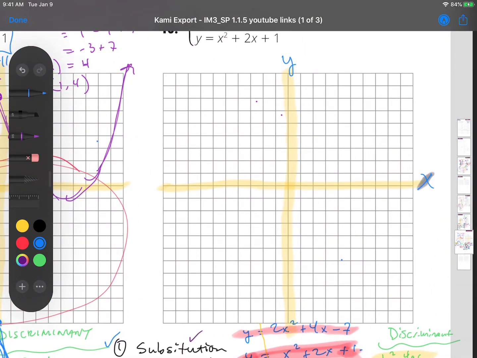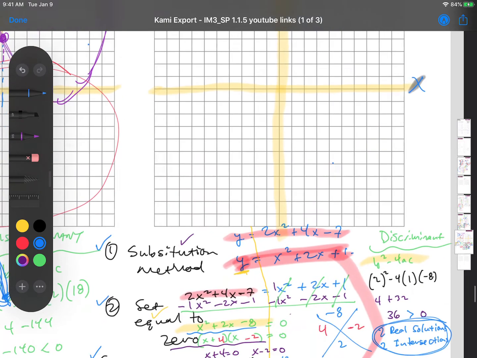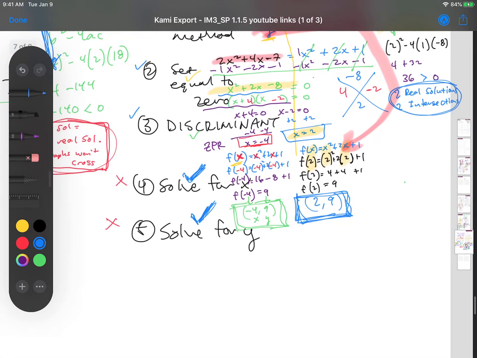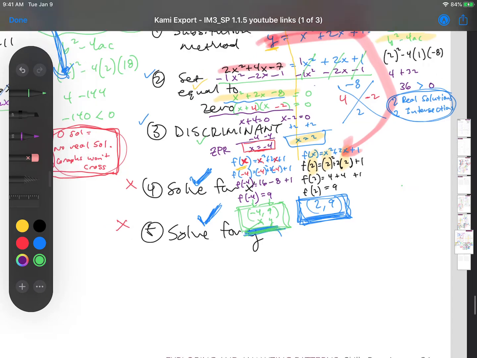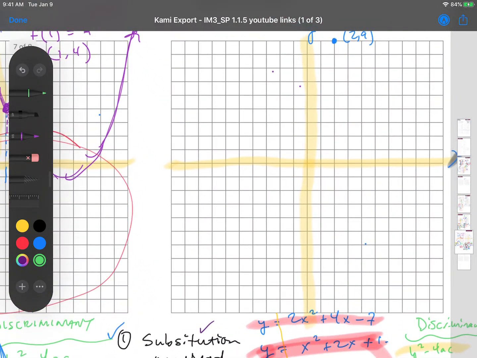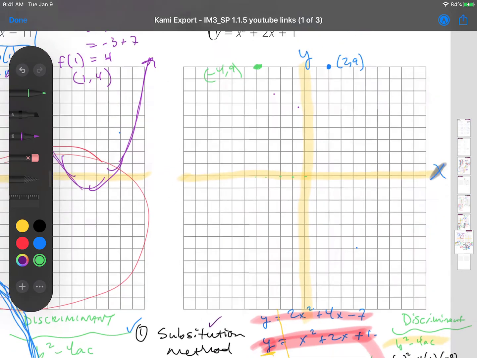Right 2, up 9. 2, 4, 6, 8, 9. And the other one, so we just did this one. And then the green, negative 4, 9. Negative 4, 9. 0, negative 1, negative 2, negative 3, negative 4, right there, okay? So I know my graphs have to go through that point.